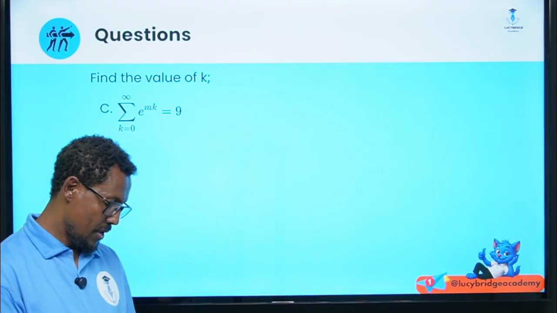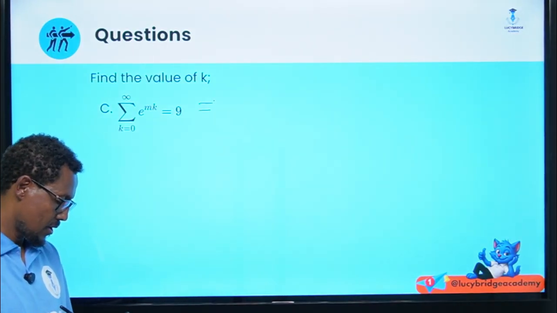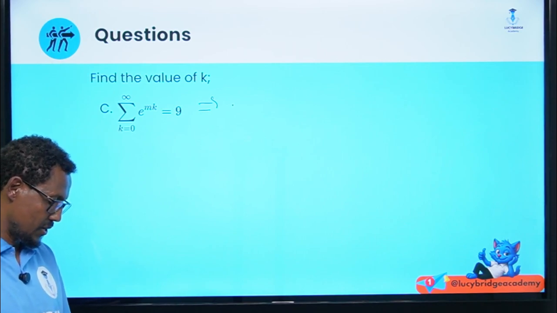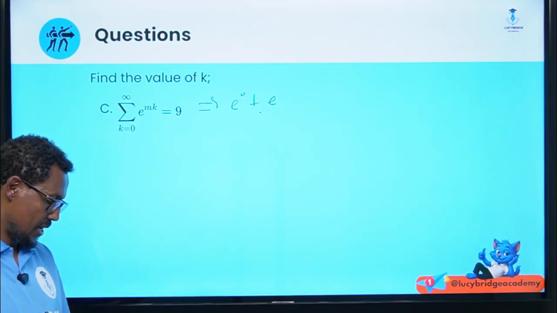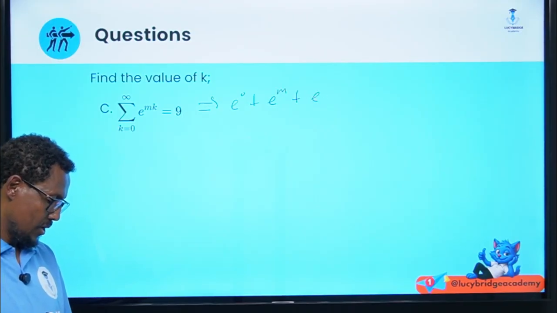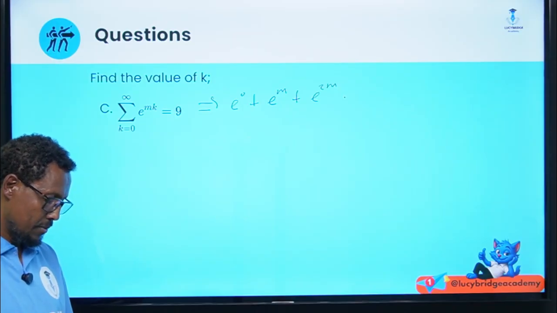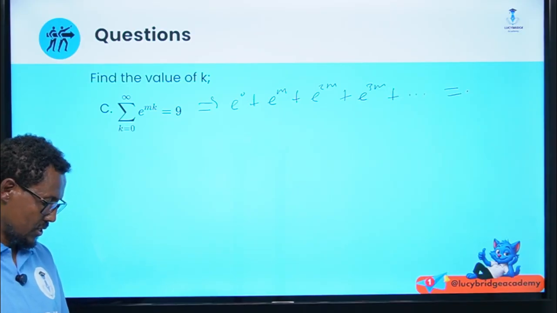Okay, now what is the first term? k to the power 0 plus e to the power k is 1 times e to the power m, plus e to the power 2m, plus e to the power 3m, and it continues, which is equal to 9.